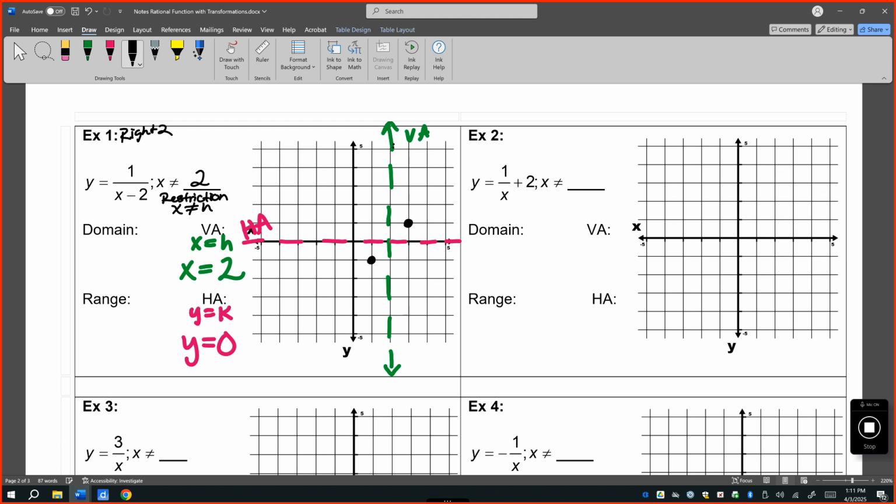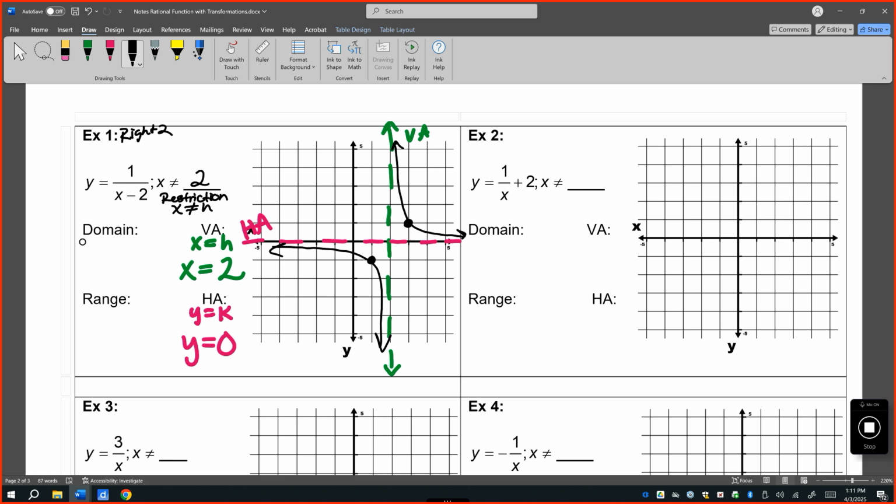And then from there, I'm just going to draw the branches hugging each of those horizontal and vertical asymptotes. You don't necessarily have to do all the other little points if you just give those two. Okay? Does that make sense? So it's not literally the point 1, 1, it's that you're counting it from the intersection of the asymptotes.